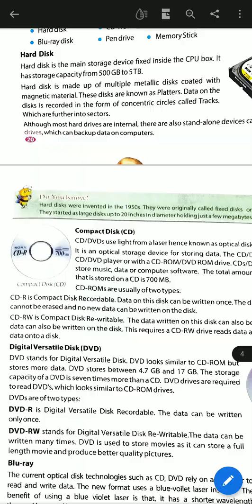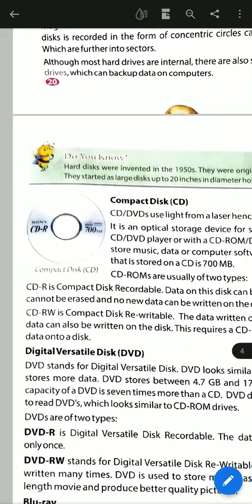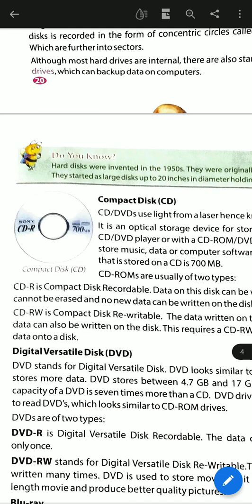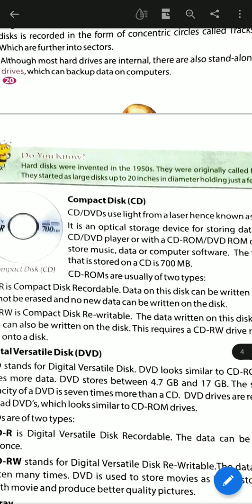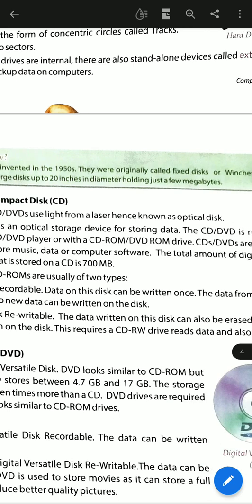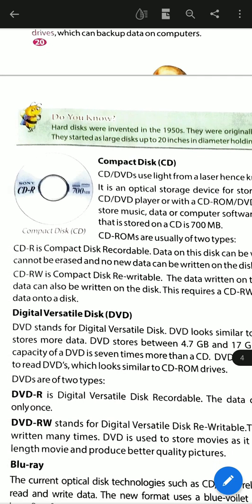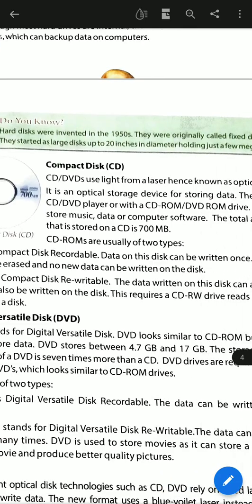CD-ROMs are usually of two types. First is CD-R, compact disc recordable. Data on this disk can be written once. The data from the disk cannot be erased, and no new data can be written on the disk.